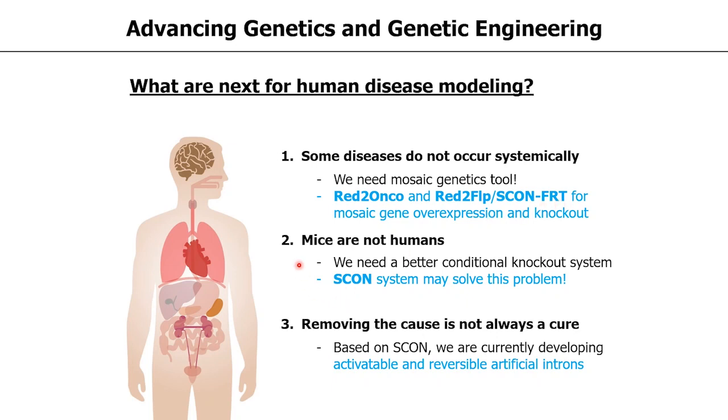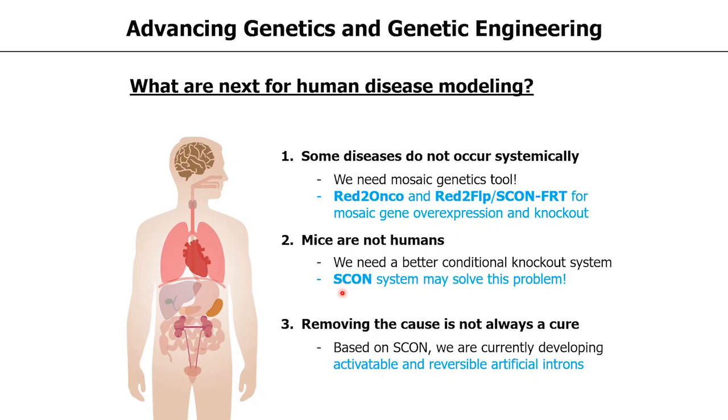Secondly, with the SCON method, we can now generate conditional knockout mice much more rapidly using CRISPR-Cas technology. This same technology can also be used for various other species, so it may solve an important issue we have now.